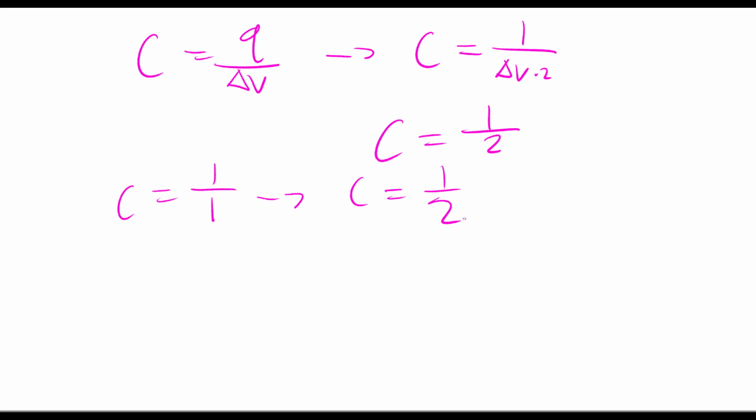B is also incorrect because you're increasing capacitance. C is incorrect because you're increasing capacitance again. And D, you're not increasing capacitance, you're increasing voltage. And D is incorrect because, algebraically, if you increase the denominator by a factor of 2, you're effectively cutting it in half. So answer choice E would remain the correct answer.